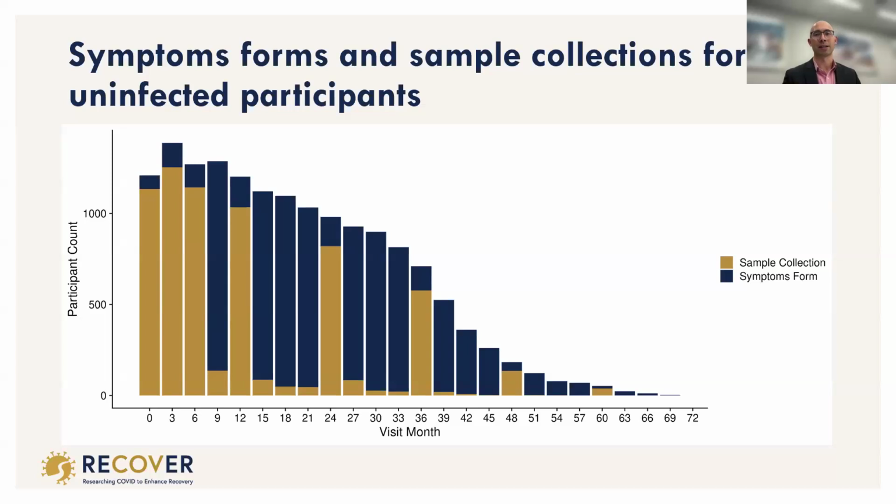The participants without a history of COVID infection do follow the same schedule as everybody else. So it is one schedule for all the participants in the study. So you see the same every 3-month forms and annual biospecimen collections. And I should say here, I'm using the same 3-month visits.